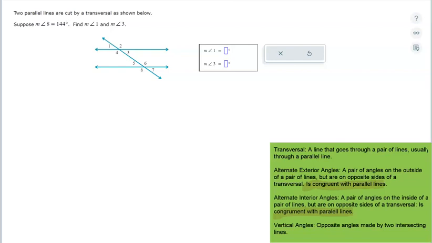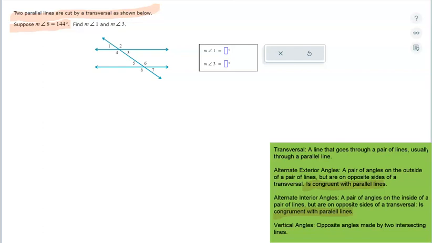Two parallel lines are cut by a transversal as shown below. Suppose angle 8 is 144. Find the measurement of angle 1 and angle 3.